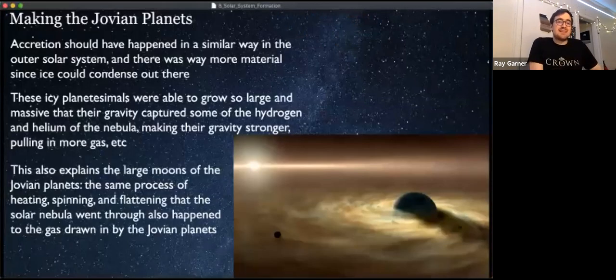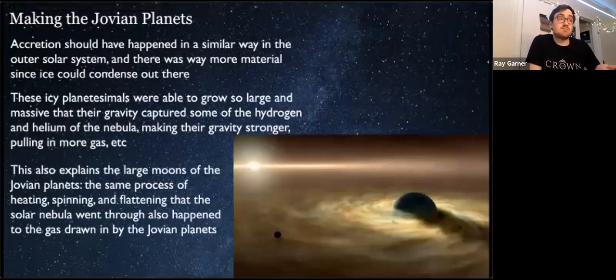When it comes to the Jovian planets, accretion will still happen out here. It should happen pretty much in a similar way to the inner solar system. But out here, there's way more material to use since we're beyond the frost line out in the gas giants. And so ice could condense out there. And so because there's so much more material, these planetesimals were able to grow much larger than in the inner solar system.